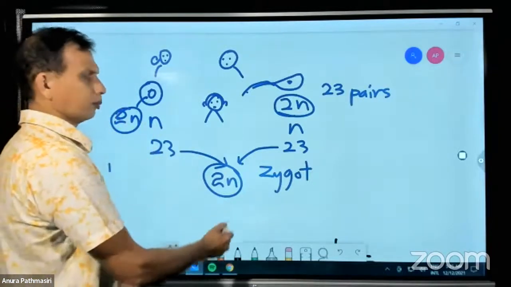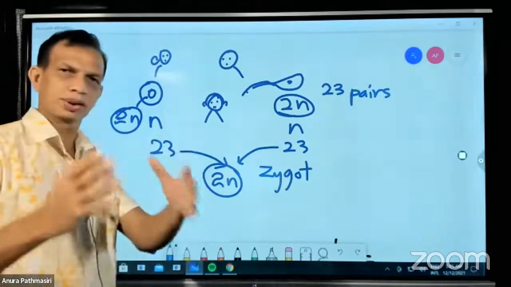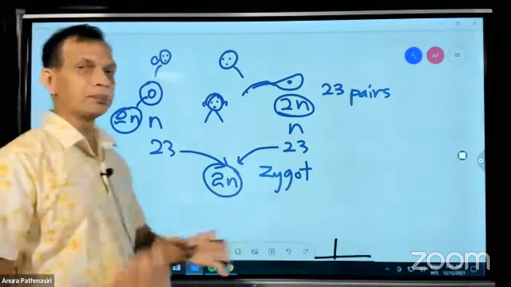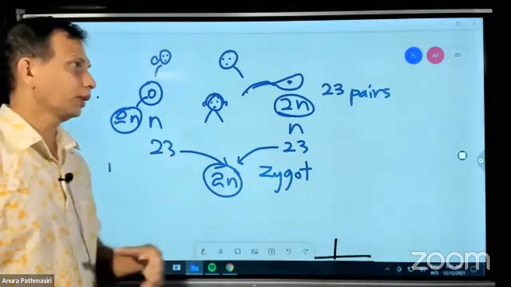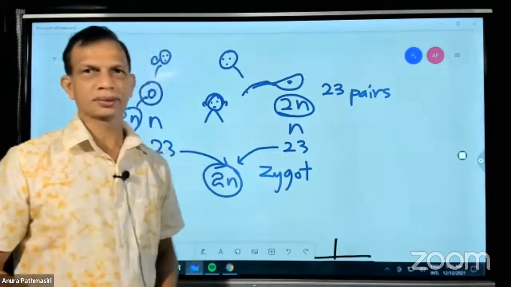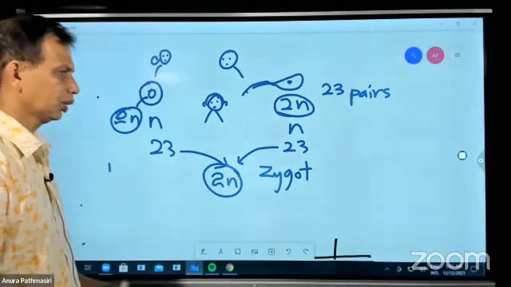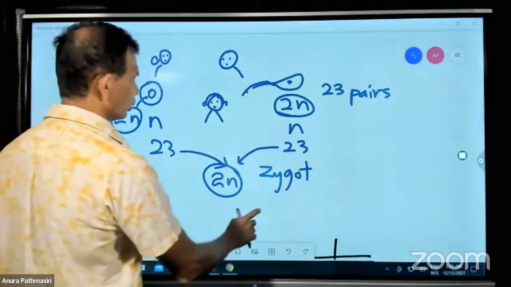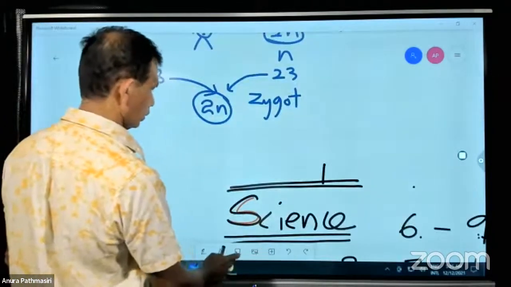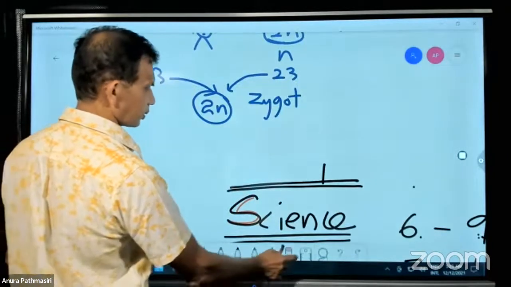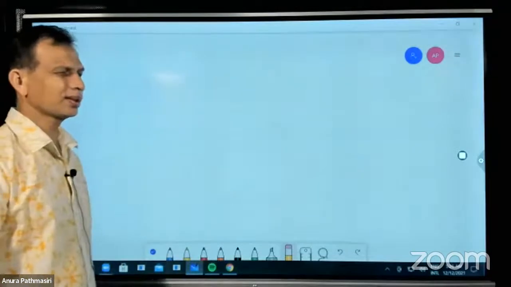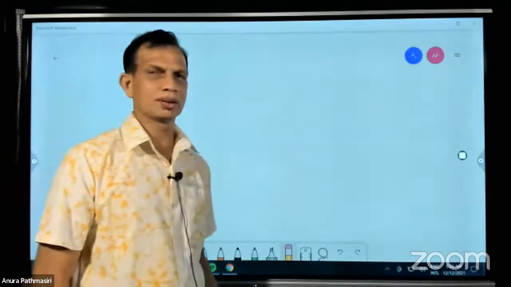Then you have mitosis, cell division. So that is the basic story, the beginning of heredity and evolution. When you go to color blindness, they are sex-linked genes.